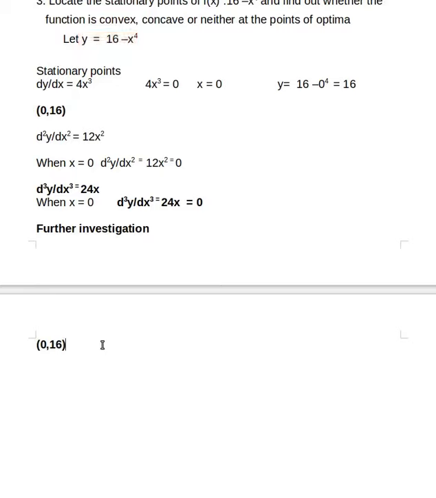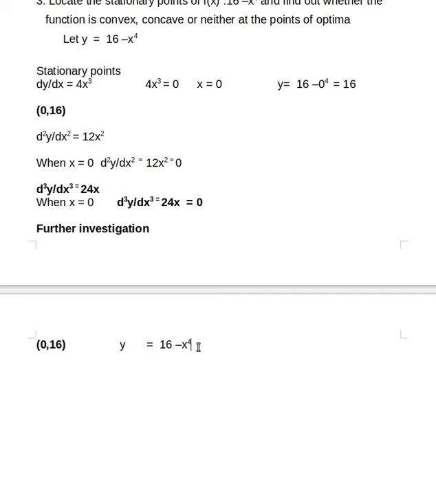Whenever you get the second order derivative as 0 and the third order derivative as 0, then we have to consider the original function and the stationary points. In the further investigation, we are not considering the first, second, or third order derivatives; we are just considering the stationary points along with our original function.